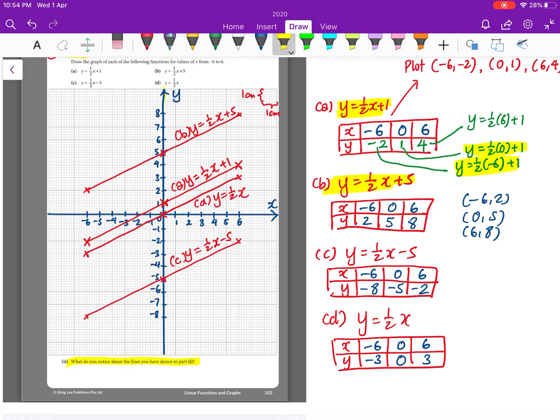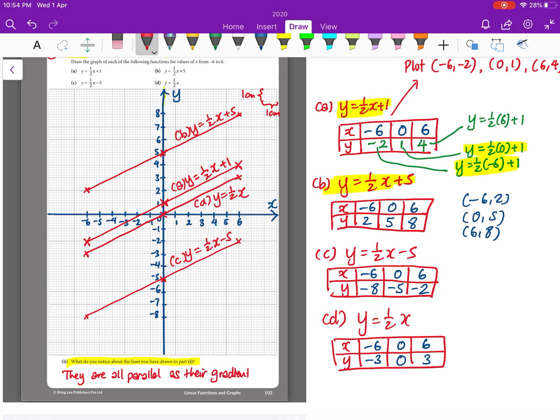If you say they are parallel, then you're right. Okay, all 4 lines, A, B, C, and D, they are all parallel. Okay, so you can explain. They are all parallel as their what is the same?